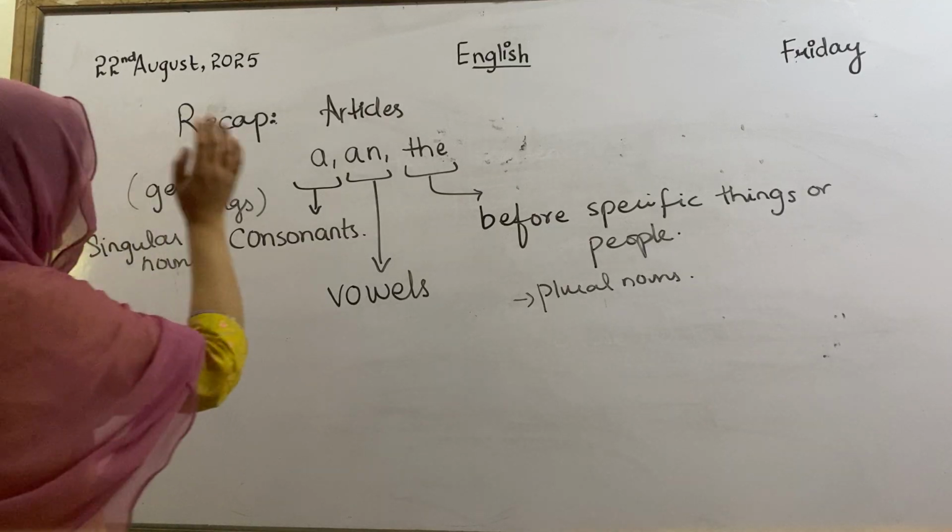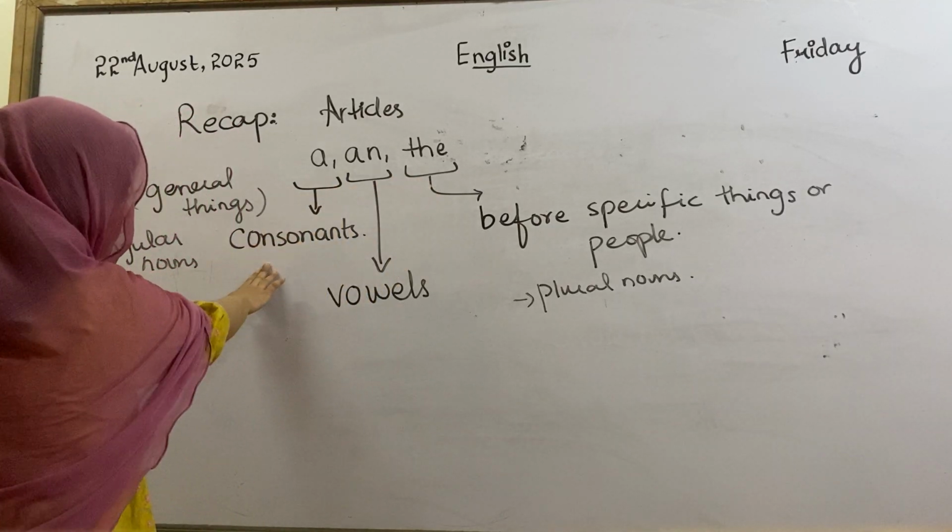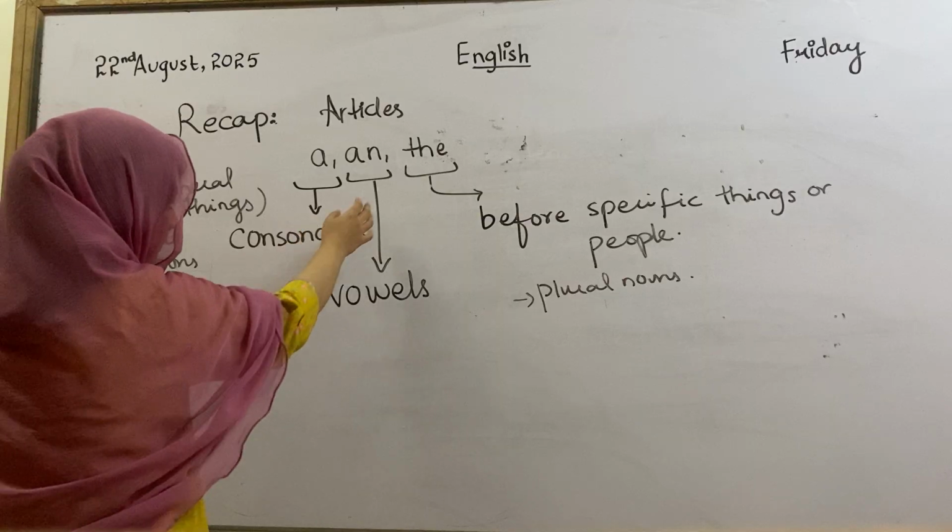We have a, an and the. A is used with the consonant letters, consonant words.